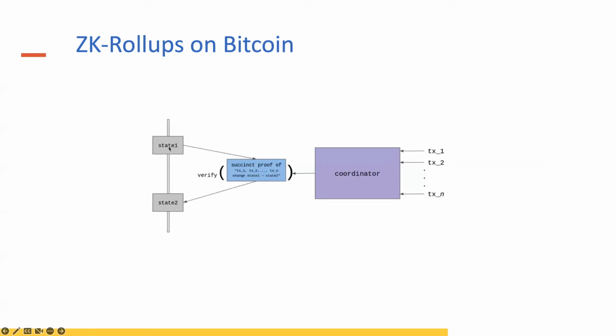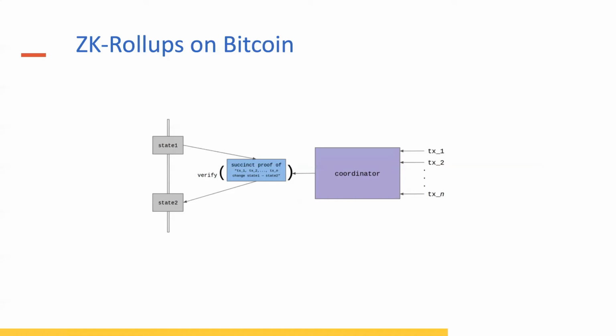You have a state one, and then different transactions come in. Then you run your transition function and transition to the new state. So you check that all the logic is correct. On Ethereum, the miners, well, now they're called validators, do this. But anyway, it uses the same technology as Zcash, zk-SNARK.